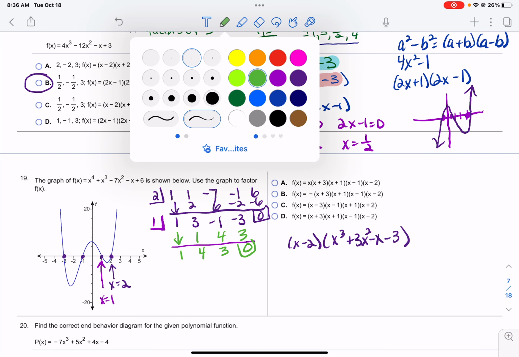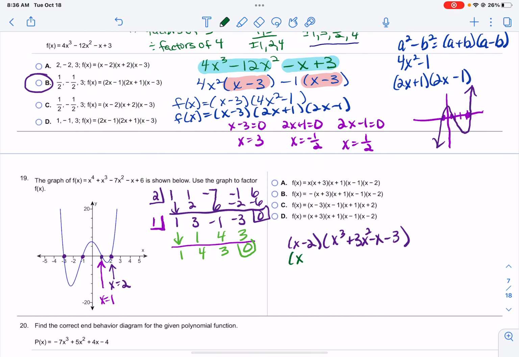X equals 1 is a zero of the polynomial function, and that also means that we can factor even further. So one factor is x minus 2, one factor is x minus 1, and what's left under here is 1x squared plus 4x plus 3. Now we can factor even further, either factor the trinomial here or continue using the x-intercepts to factor.